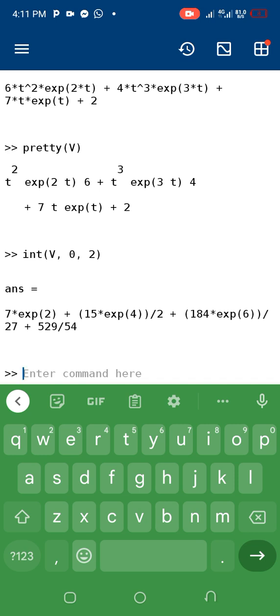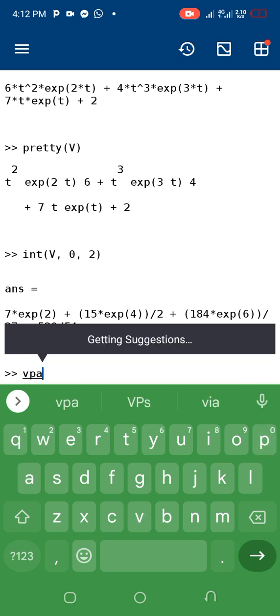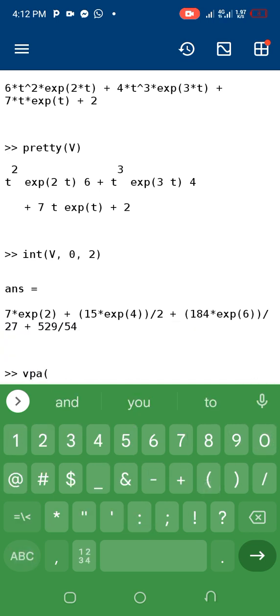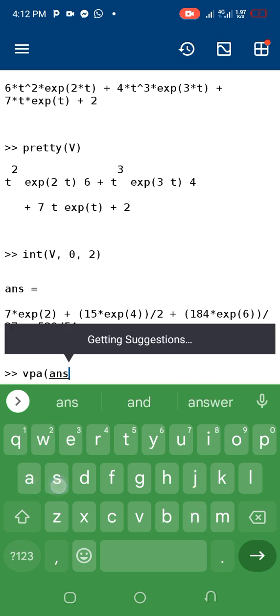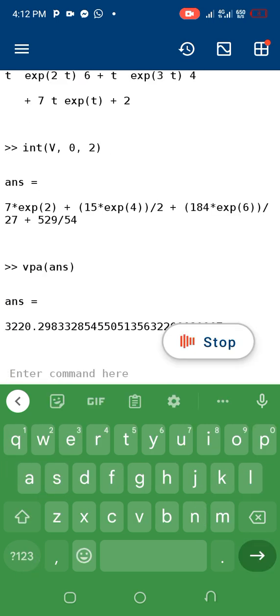After integrating it, it substitutes now the value of 0 and 2. Maybe let me say vpa of answer. We see what happens.